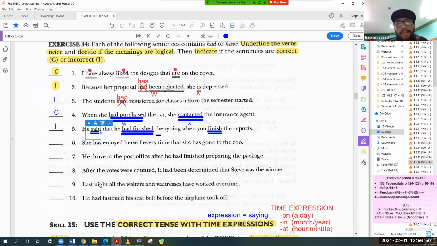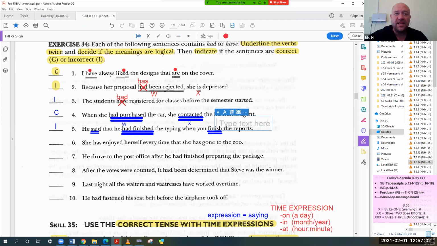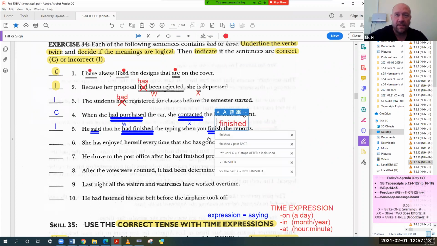With finish. What should it be? Finished. Yes. He said that he had finished the typing when he finished the reports.